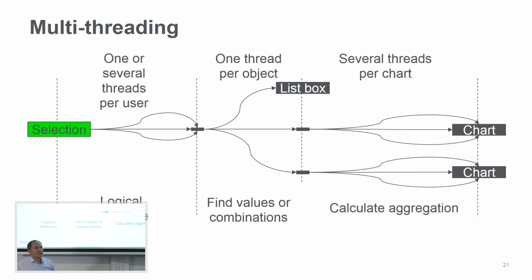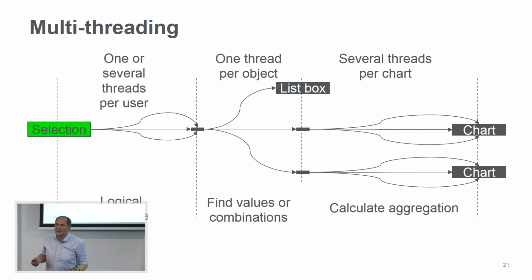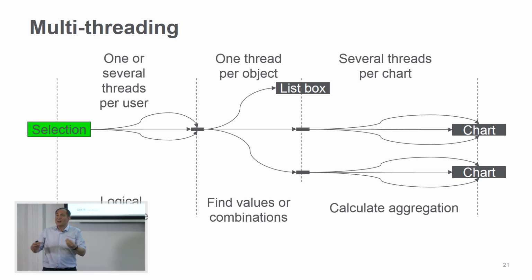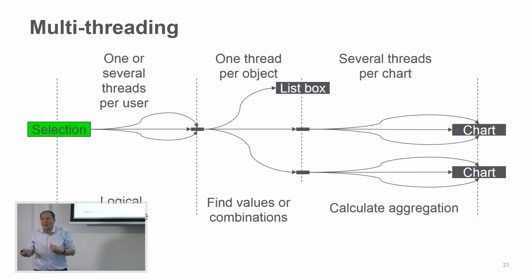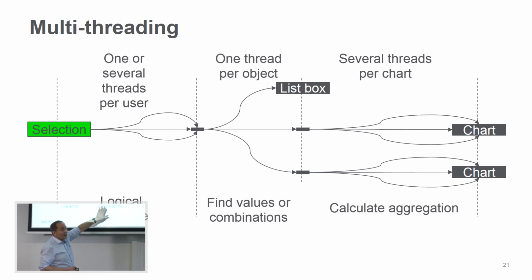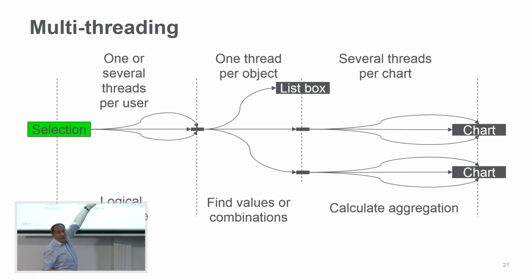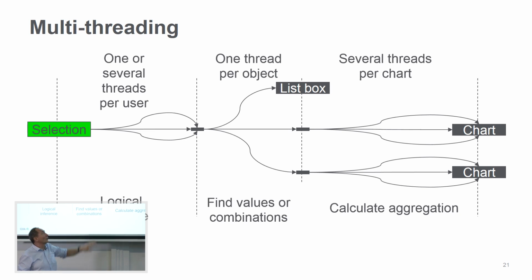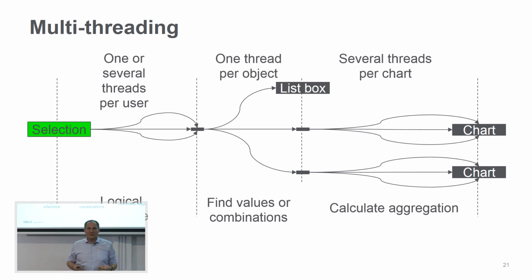And then next step, all the objects are calculated. And the first step in the calculation is to determine, okay, what combinations do I have here? What rows should I really show in this pivot table? And that is, in fact, a single-threaded process. You can see that. It's just 1 thread per object, not more. But once that is done, we can take 1 object and multi-thread the calculation itself.